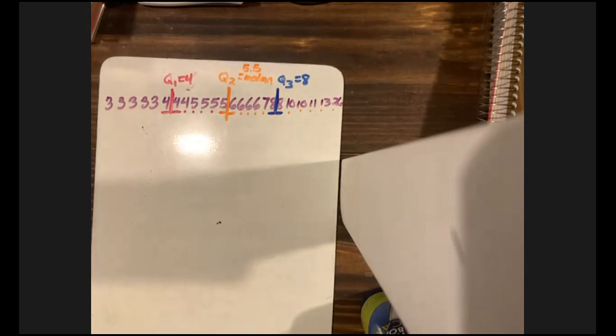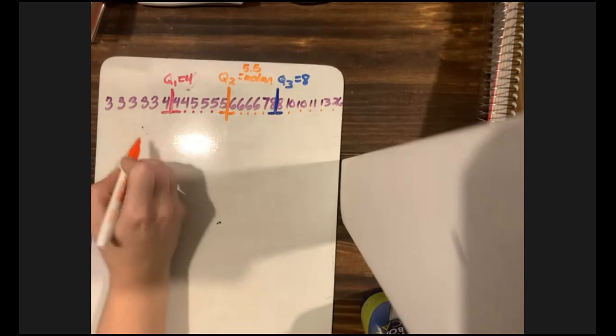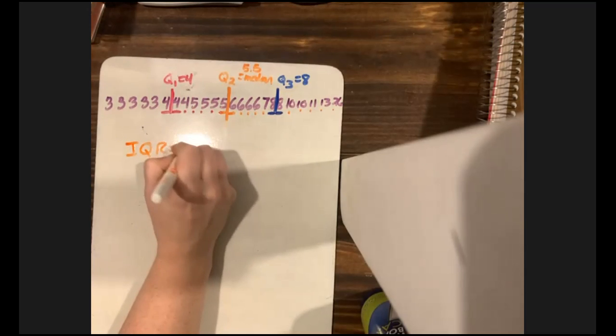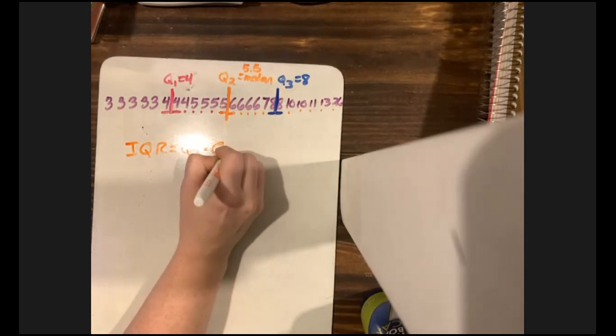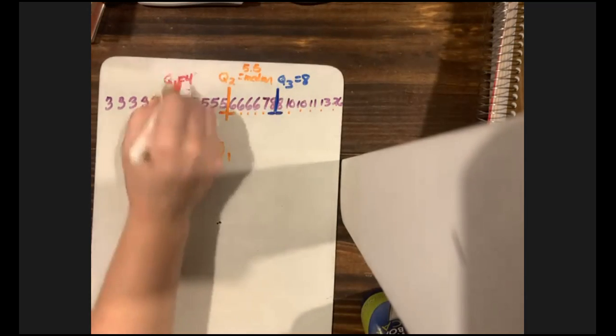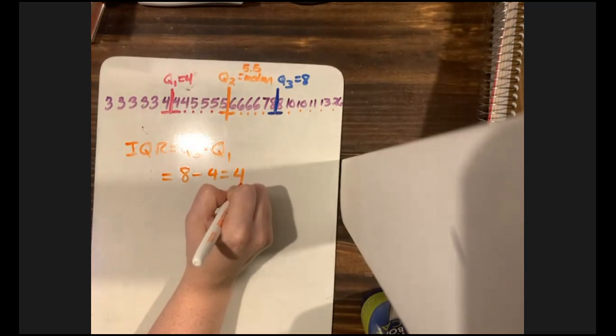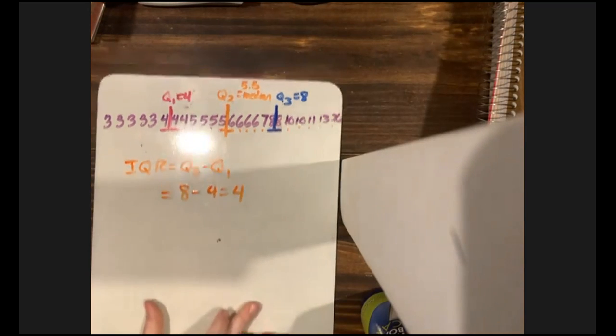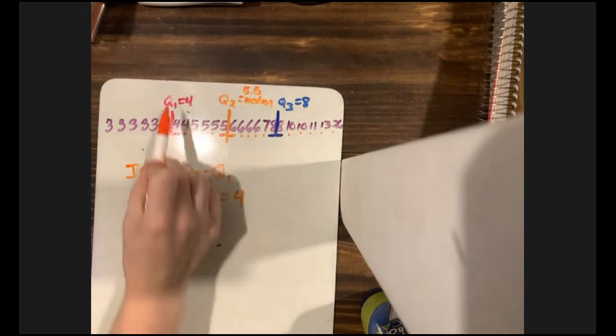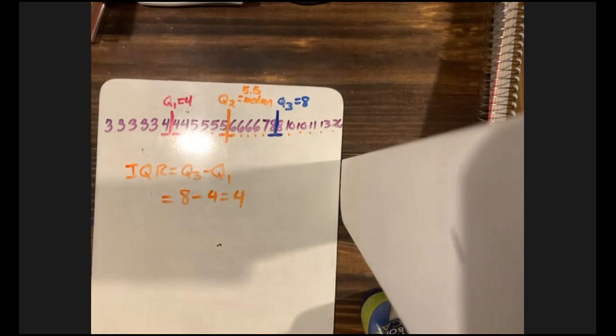We're now going to find our interquartile range, which is Q3 minus Q1. That's going to be 8 minus 4, which is 4. So our interquartile range value is 4, and we're going to use that calculation here in just a second.